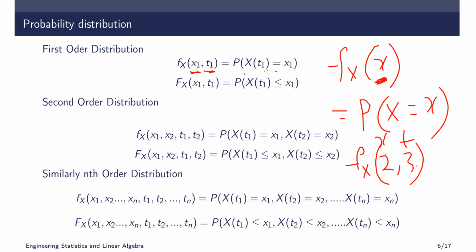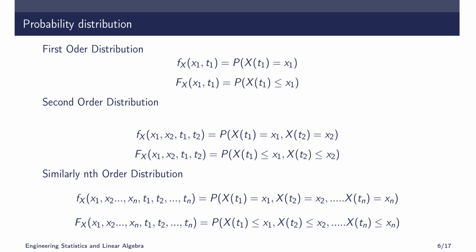That is called the probability distribution for a random process. So that is represented as a function of both x as well as t. So that is the probability distribution density function.